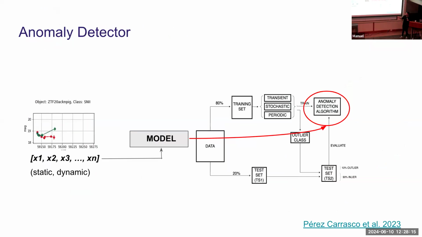We have three anomaly detectors, one for each of the top classes we have seen in the taxonomy: transient, stochastic, and periodic. For each of those classes, a specific anomaly detector is trained in order to see if we can find weird objects that do not belong to those classes.